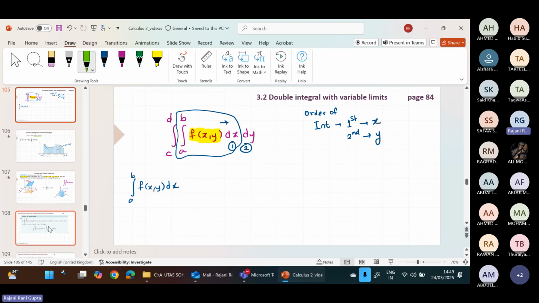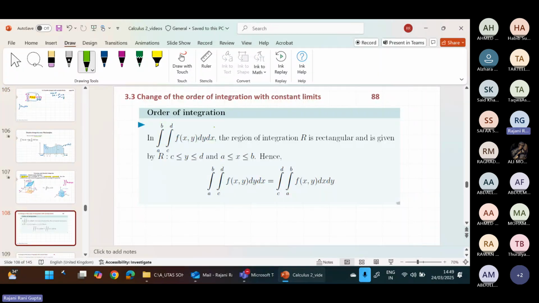In topic 3.3 we are going to change the order of integration when the limits are constant, and in 3.4 it will be about when the limits are variable.